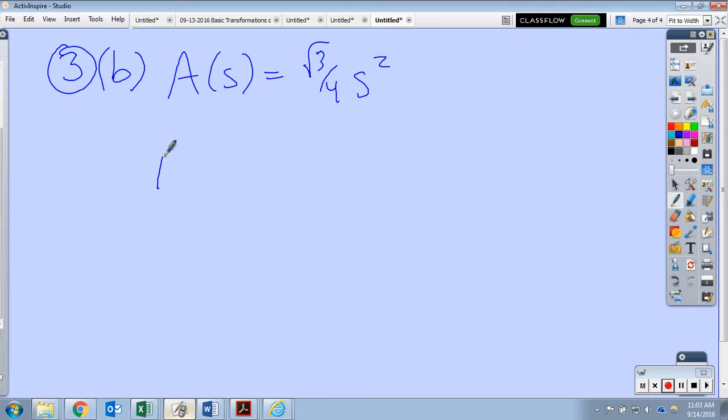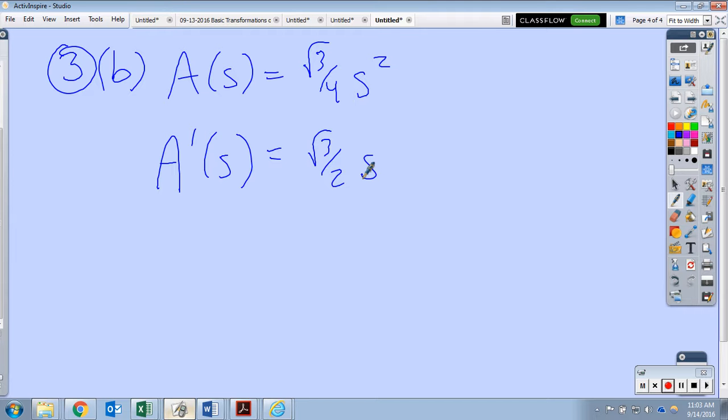So then if we go one step further and we go A prime of S, the shortcut for polynomials, 2 to the front, which will give us square root 3 over 2 S. So when we find the derivative of the shortcut, the 2 comes to the front, so 2 times square root 3 over 4 is square root 3 over 2, because the 2 and the 4 simplify.